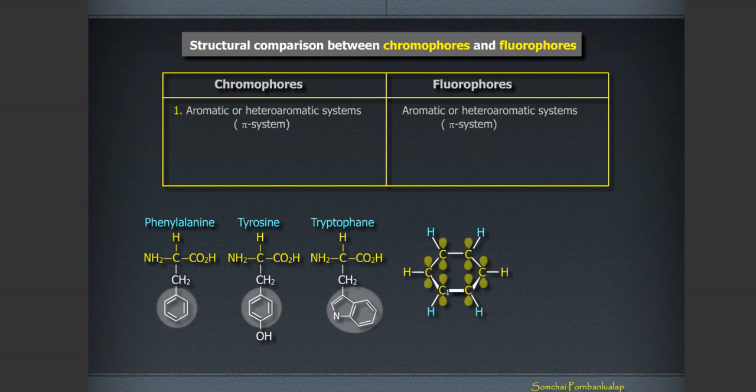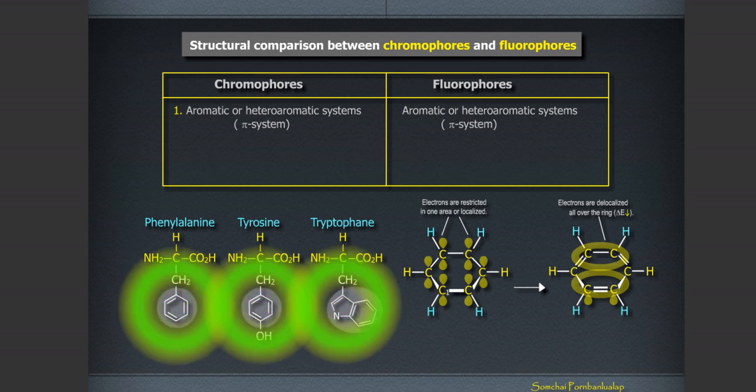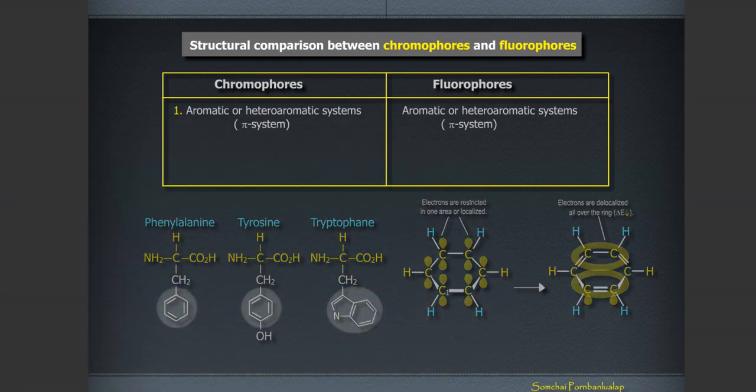Aromatic or heteroaromatic ring systems allow electron delocalization and thus lower delta E. For example, an electron at C1 in hexane is localized within its orbital, whereas in benzene, it is delocalized over the aromatic ring. In addition, all 3 aromatic amino acids emit fluorescence after absorption, with tryptophan being the dominant contributor.